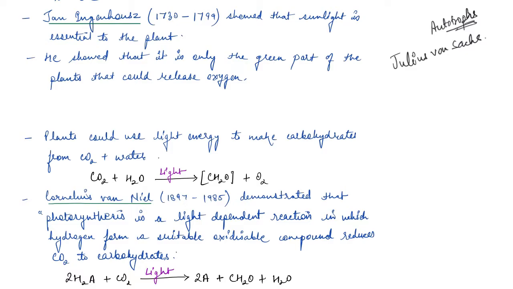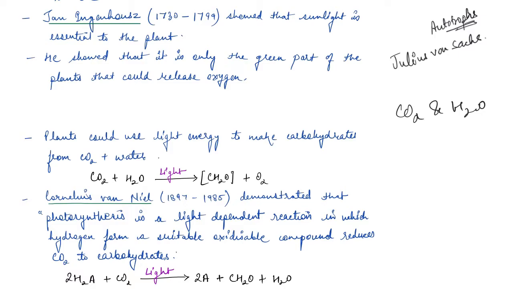The glucose is then stored as starch, right? Now, by the middle of the 19th century, the key feature of plants, which is photosynthesis, was finally known. Another experiment proved that plants use sunlight to make carbohydrate from carbon dioxide and water.